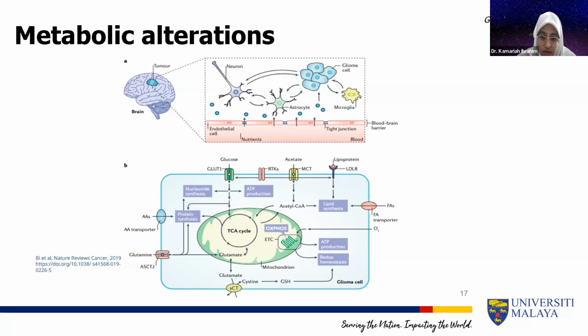This will then increase the metabolic activity of proliferating glioma cells to generate reactive oxygen species as byproducts that necessitate antioxidant production, including the production of reduced glutathione and other molecules as well.